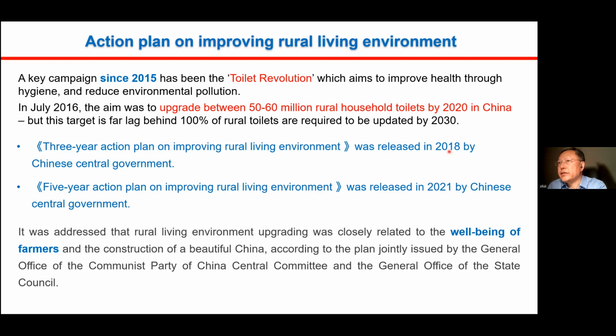In this, toilet retrofitting is also an important point. Later, in 2021, again a five-year action plan on improving the rural living environment also addressed that toilet retrofitting should be conducted based on local conditions. So this is also from the important government departments.